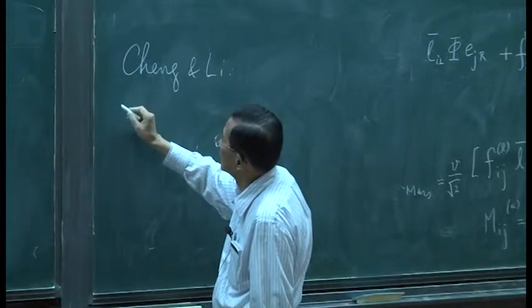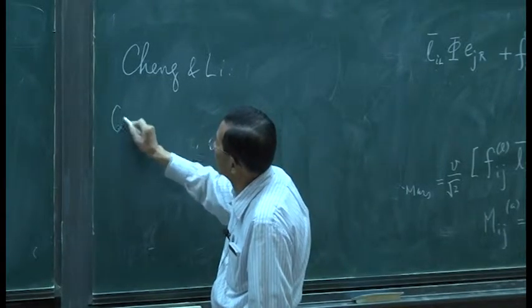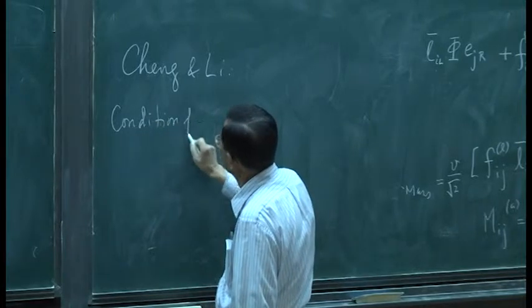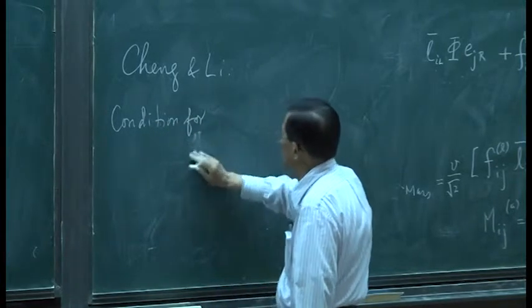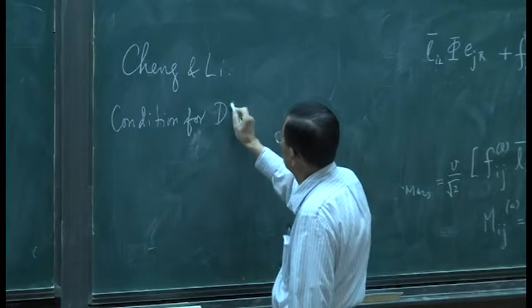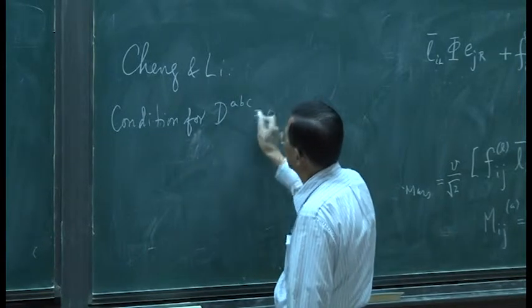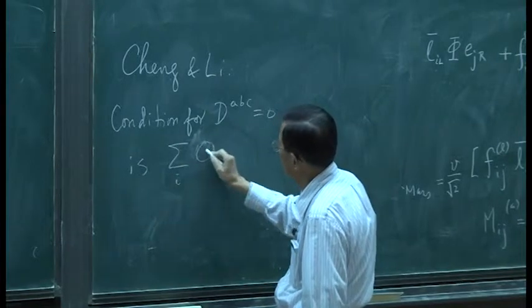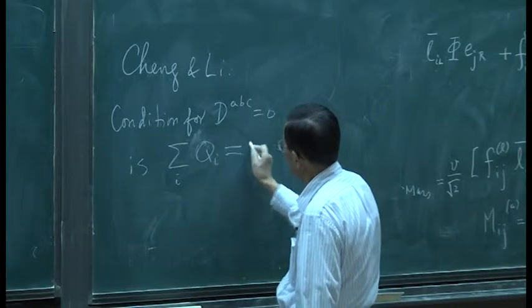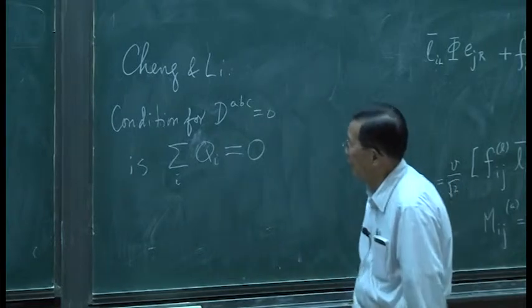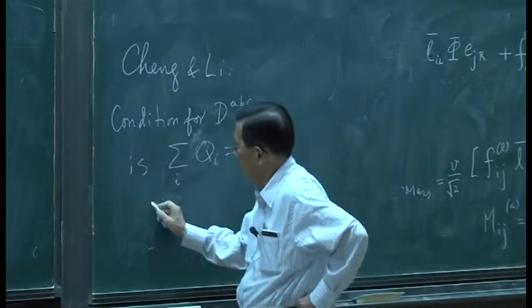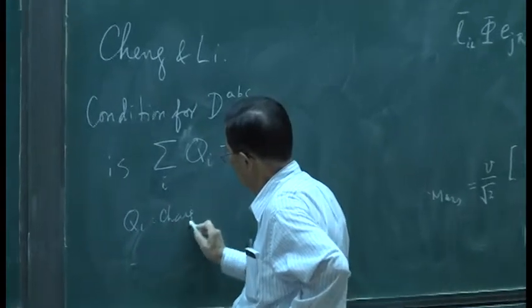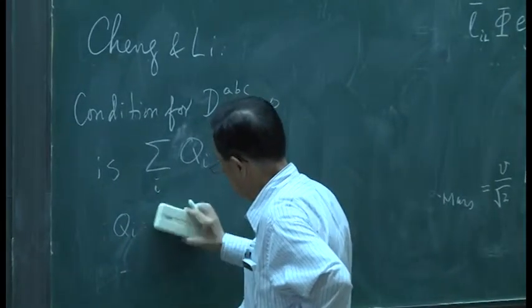The condition for d^{ABC} equals 0 is the following: the sum of Q_i must be 0, where Q_i is the fermion charges.